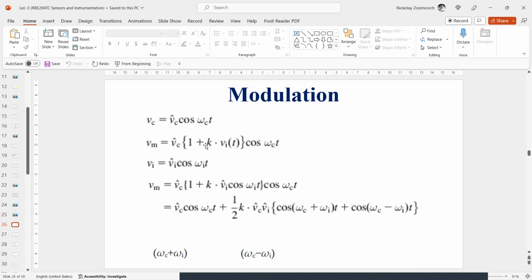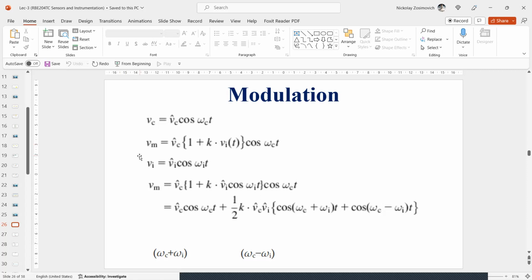And as a second variable, K is a scale factor, which is determined by the modulator. Suppose the input signal is a pure sine wave. In this case, the modulated signal is as follows.